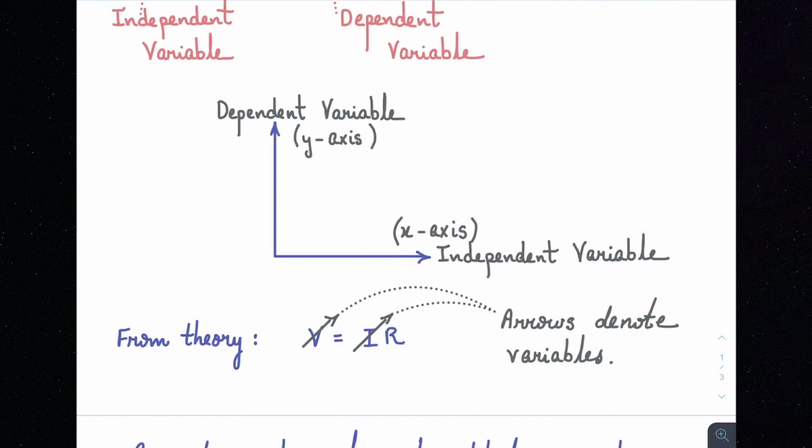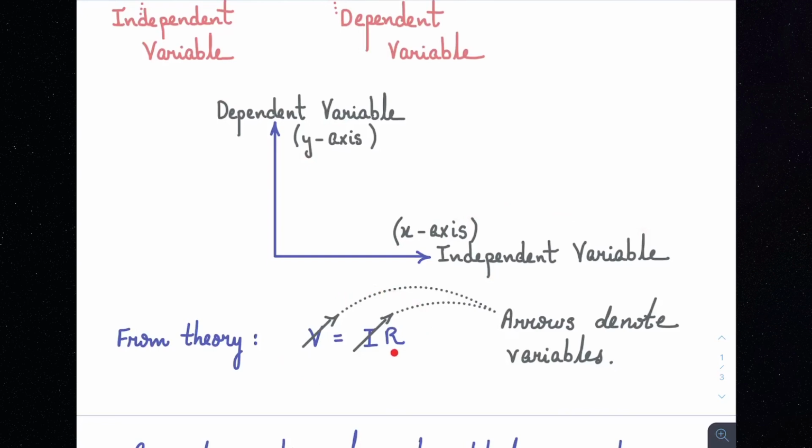Now, from theory, we know that V is equal to IR. The arrows are used to remind us that V and I are the two variables in this equation. In fact, in any given equation, you will always have two variables. The remaining quantities will then be constants.